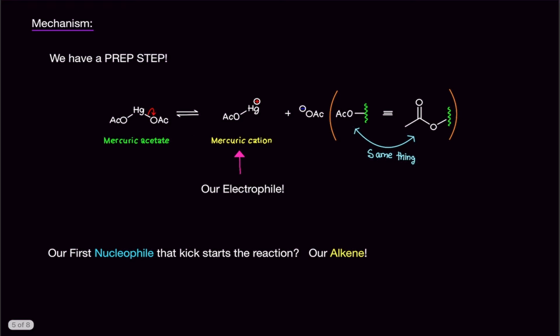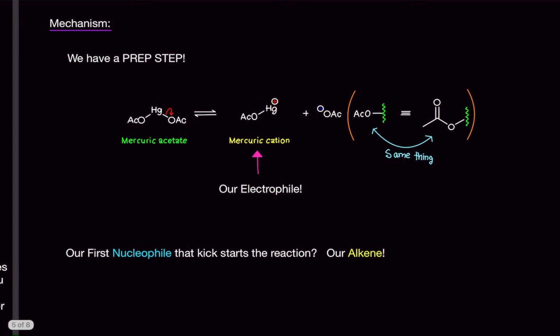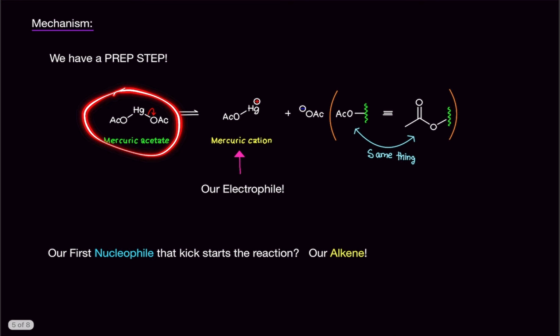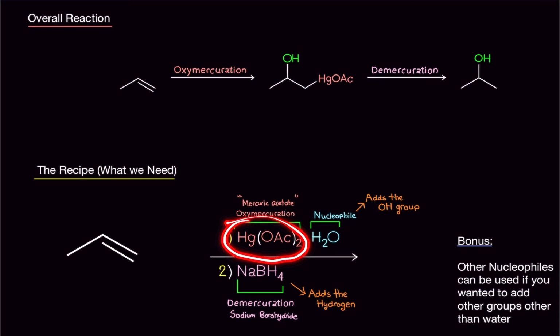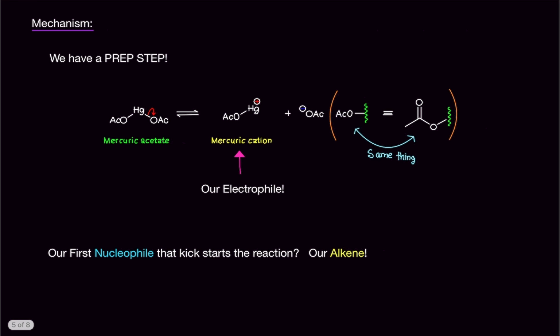Okay, here's the mechanism. Before we actually do the mechanism, we have a prep step. Like I said, we have mercuric acetate, right? This is this. Well, mercuric acetate actually just breaks apart into mercuric cation.